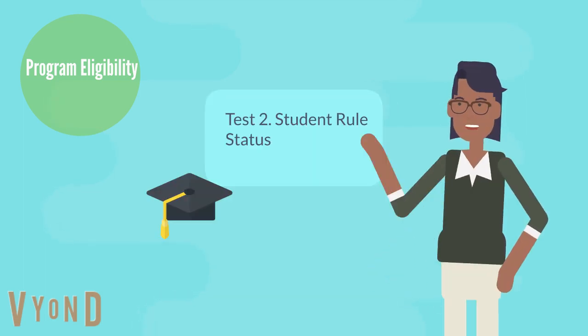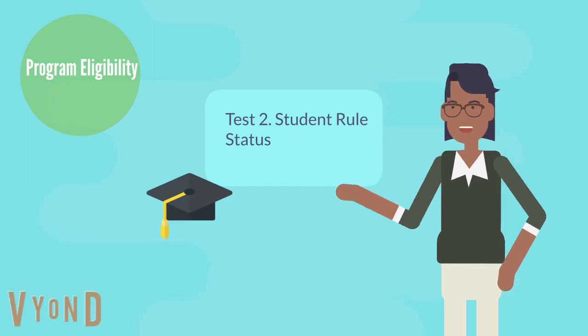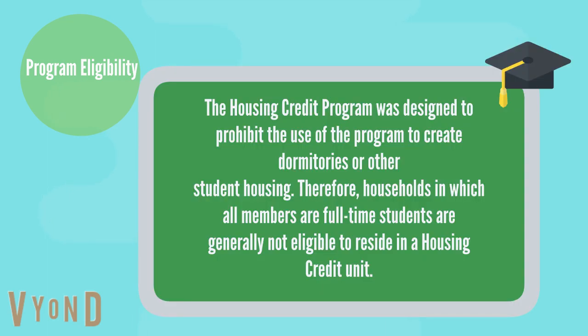Okay, so test number one was income eligibility. Test number two is your student rule status. The Housing Credit Program was designed to prohibit the use of the program to create dormitories or other student housing. Therefore, households in which all members are full-time students are generally not eligible to reside in a housing credit unit.